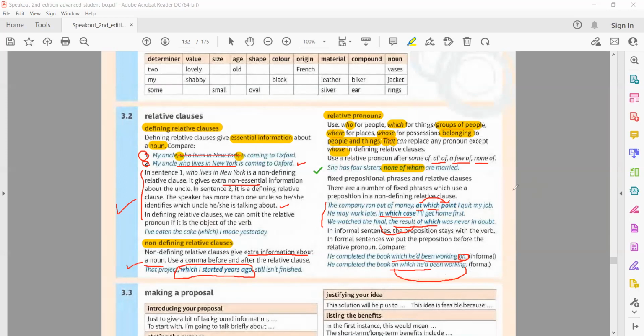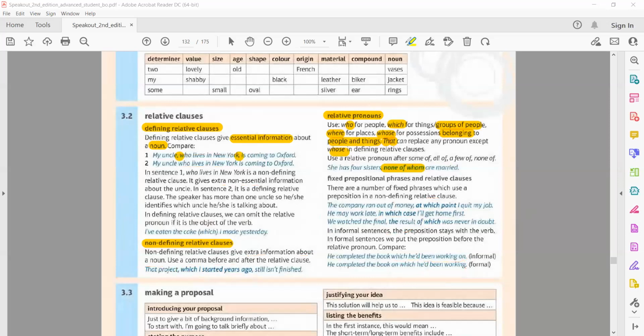Do you have any questions here? Yes, teacher, can I ask? Yes, please, go on. So the three sentences that we talked about in the fixed prepositional phrases and relative clauses, if you are talking about this sentence, in which case I will get home first, we consider this as a fixed prepositional phrase combined with relative clauses? Yes, of course.